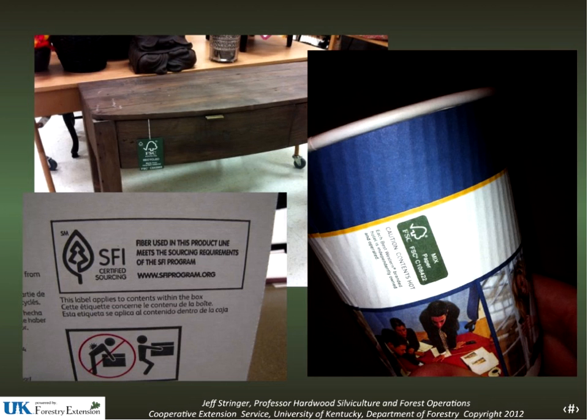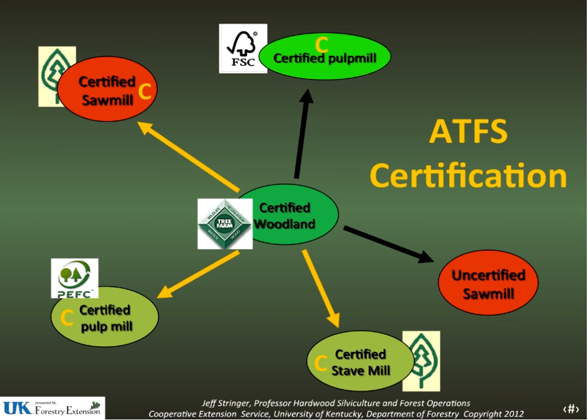Ultimately, there are all kinds of different labels on products, and we don't have time to go into that, but there are FSC labels out there and SFI labels, all that kind of thing. And you can see those on finished products a lot of the time if you look. All right, so let's go through a couple of examples of how this purchasing works and how this wood flow works.